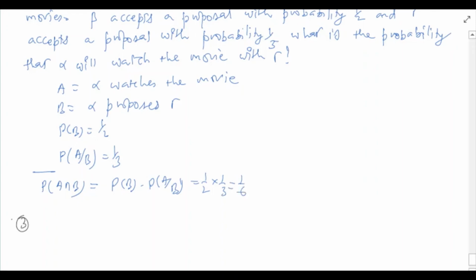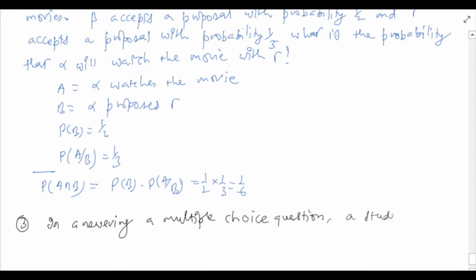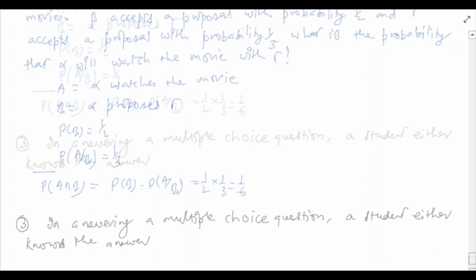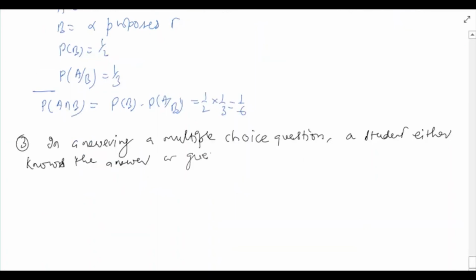Let's see one more example. In answering a multiple choice question, a student either knows the answer, or if he or she doesn't know, then he or she guesses it.